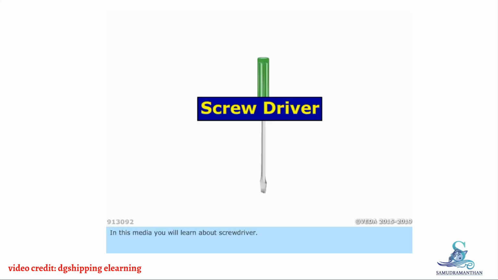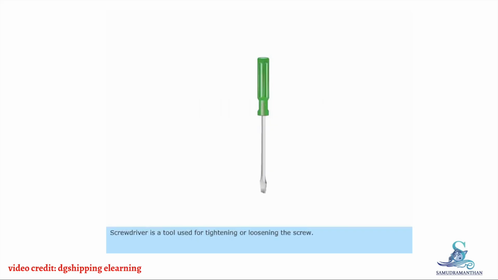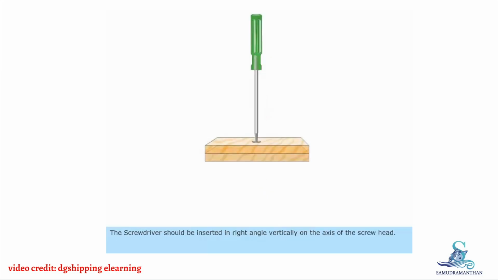In this media, you will learn about screwdriver. Screwdriver is a tool used for tightening or loosening the screw. The screwdriver should be inserted in right angle vertically on the axis of the screw head.